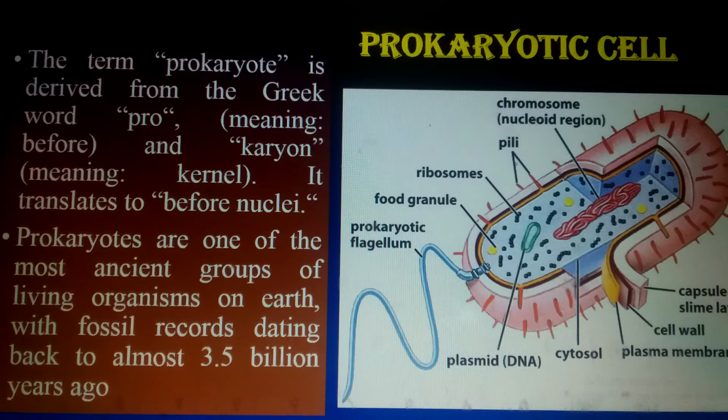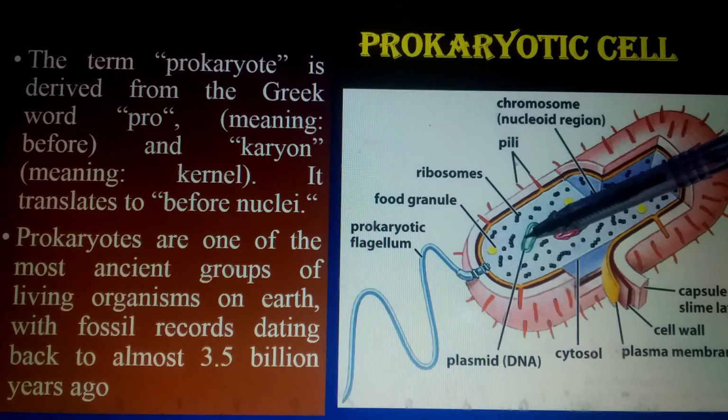You can see in the figure on the screen the simple prokaryotic cell and its structure. Prokaryotic cells are those cells which do not possess a nucleus. They are the simplest microorganisms and have a very simple structure.